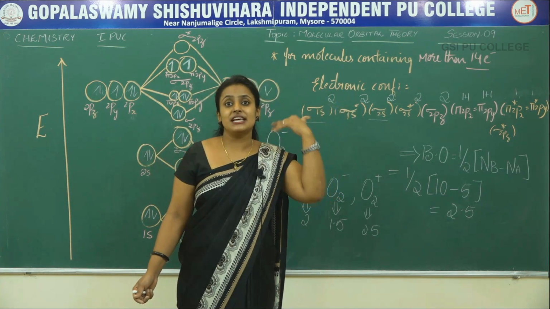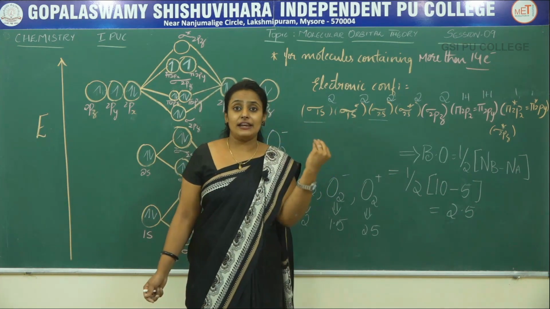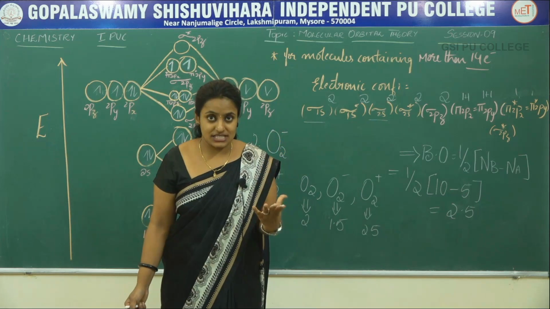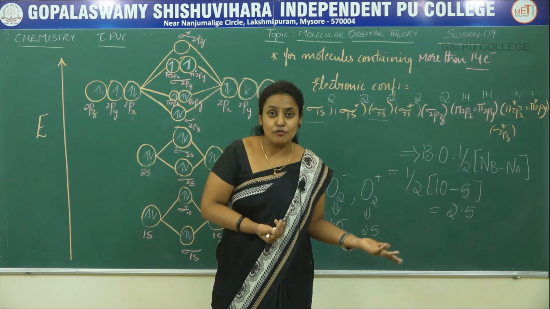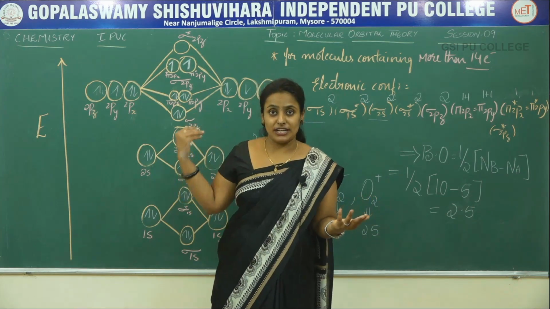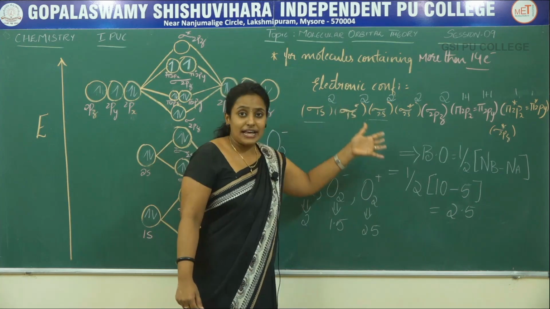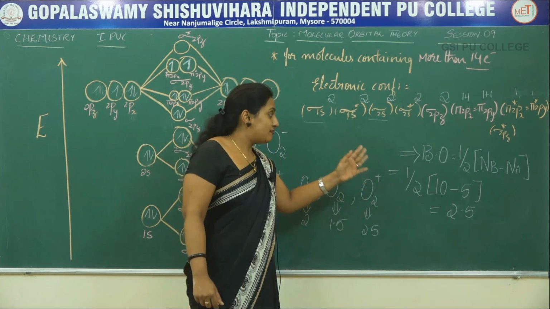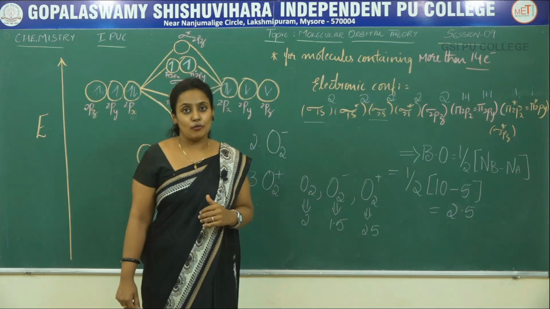This is about the molecular orbital theory concept: the energy level diagram for the molecules possessing less than 14 electrons and more than 14 electrons, the respective electronic configuration, how to calculate the bond order, and finally the bond order related to the stability of the molecules.